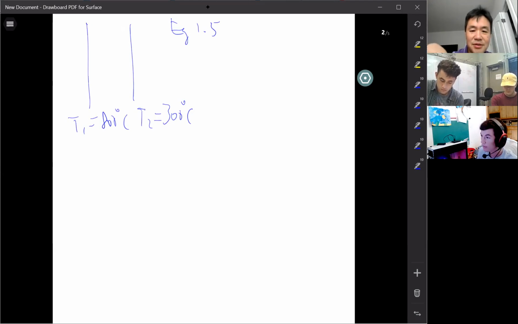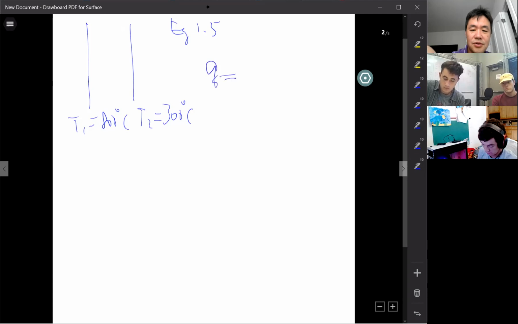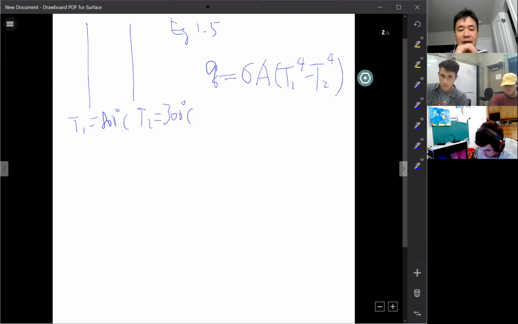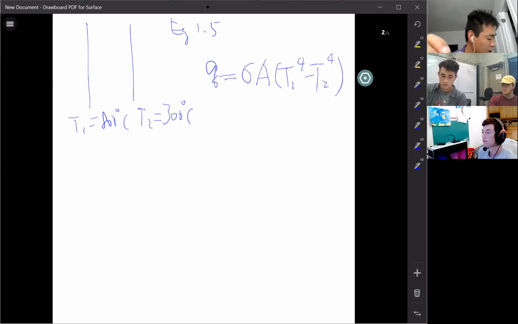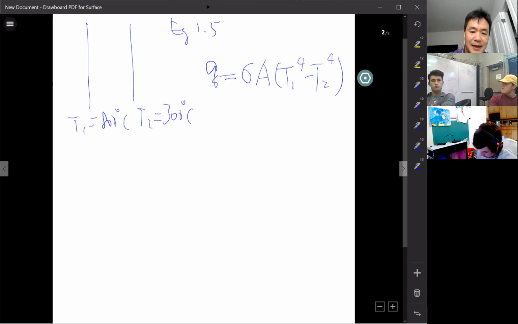I guess the equation we're going to pick is Q equals sigma times area times T1 to the power 4 minus T2 to the power 4. The area, you can divide to the left-hand side. It asks for heat transfer per unit area, so it's Q divided by A, what we want to calculate.